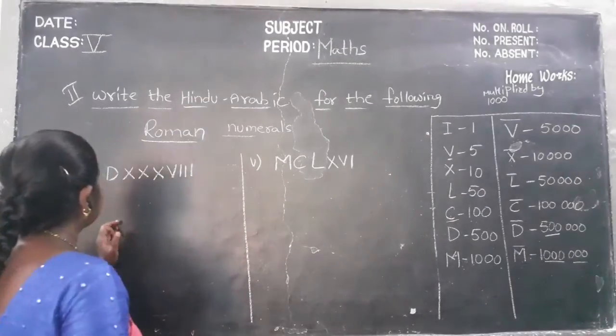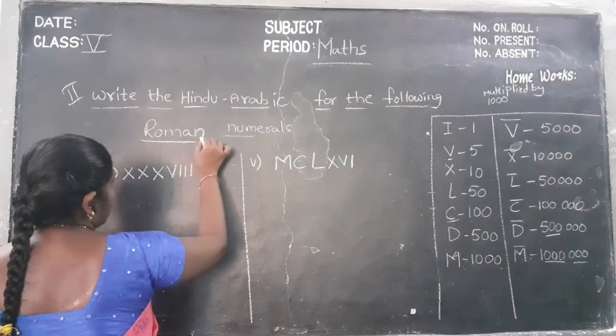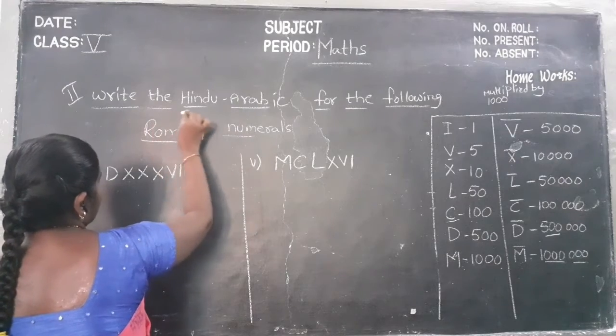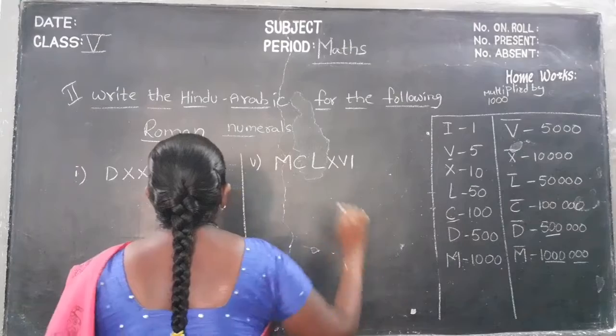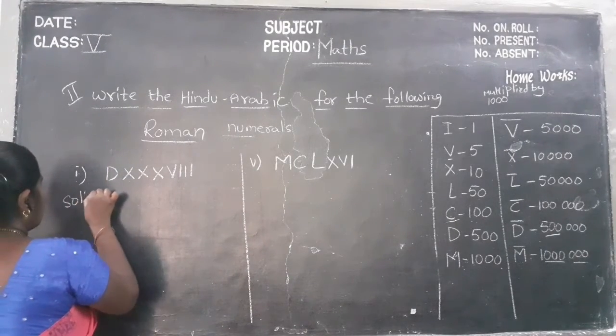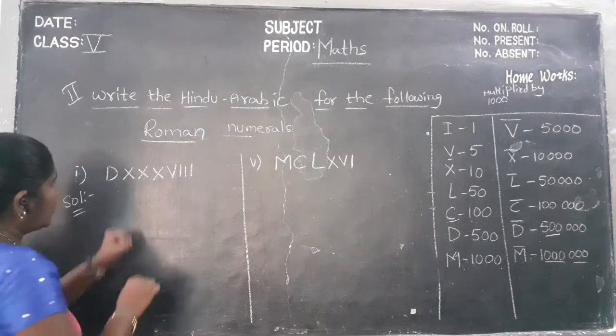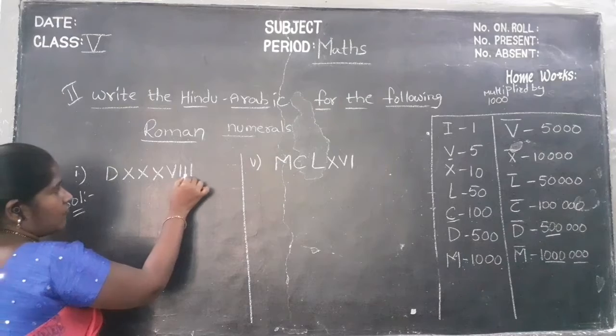Children, next problem. Write the Hindu-Arabic numerals for the following Roman numerals. What is the given sum, children? This one is in Roman numerals: D, X, X, X and 8.